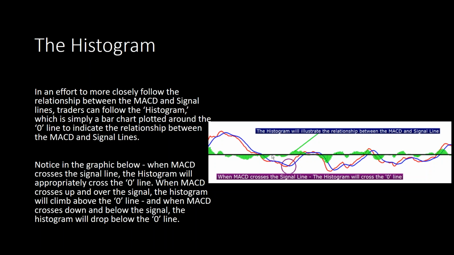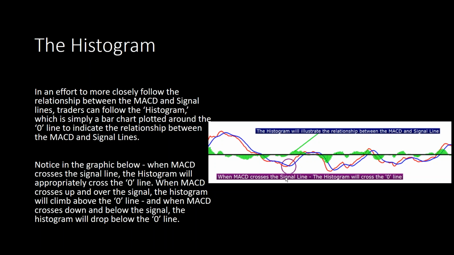The MACD and the signal line are together because there's no difference. When they move apart, they either form a negative or a positive. So the histogram will illustrate the relationship between the MACD and the signal line.